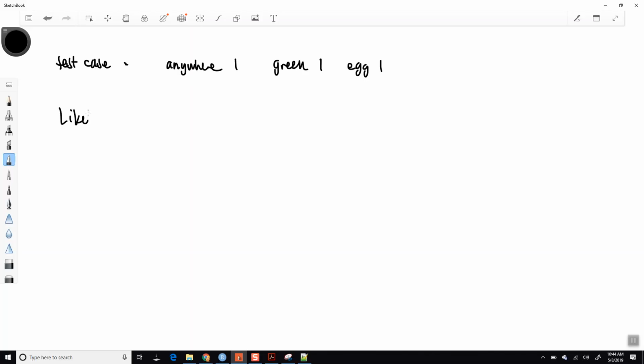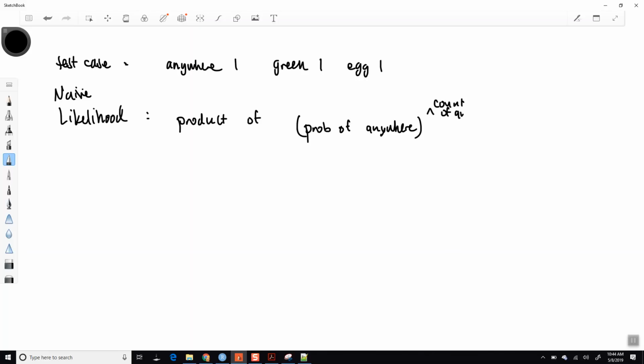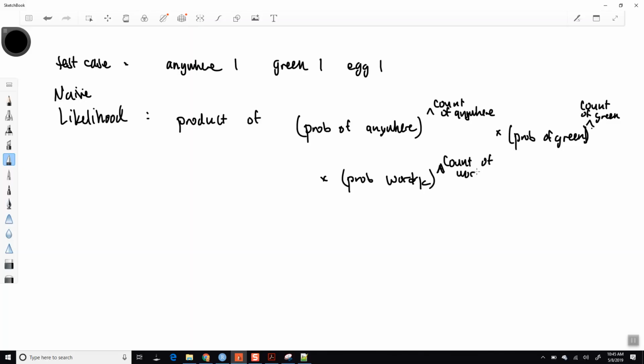And basically, the naive likelihood just assumes that this is going to be the product of the probability of anywhere raised to the count of anywhere, multiplied by the probability of green raised to the count of green, multiplied by the probability of word k raised to the count of word k in the document.